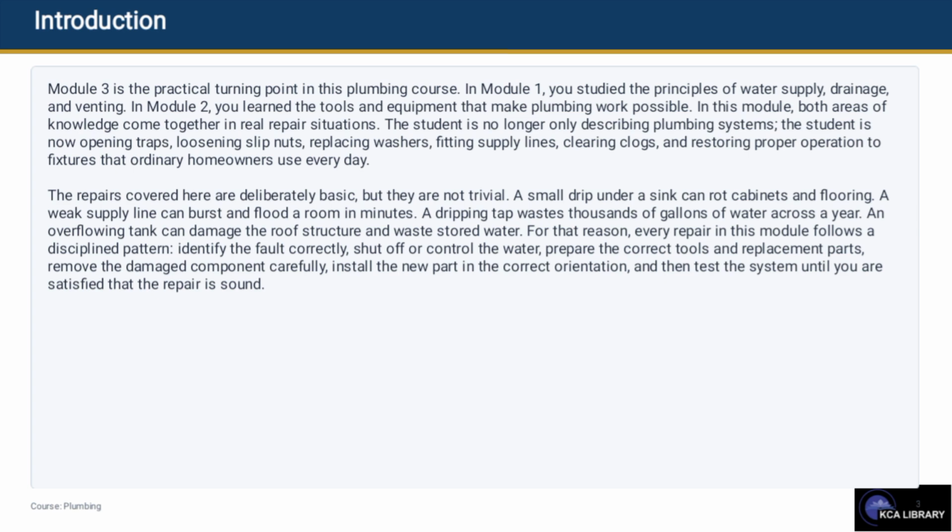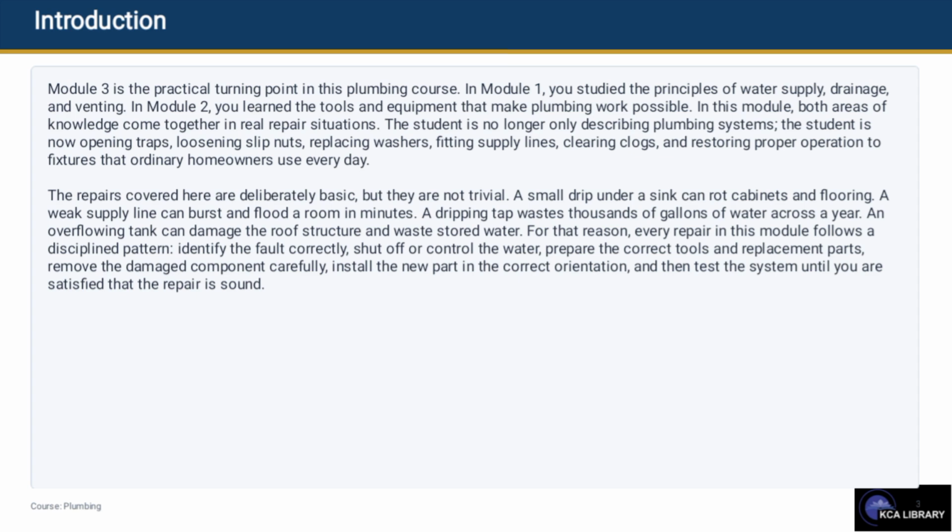The repairs covered here are deliberately basic, but they are not trivial. A small drip under a sink can rot cabinets and flooring. A weak supply line can burst and flood the room in minutes. A dripping tap wastes thousands of gallons of water across a year. An overflowing tank can damage the roof structure and waste stored water.